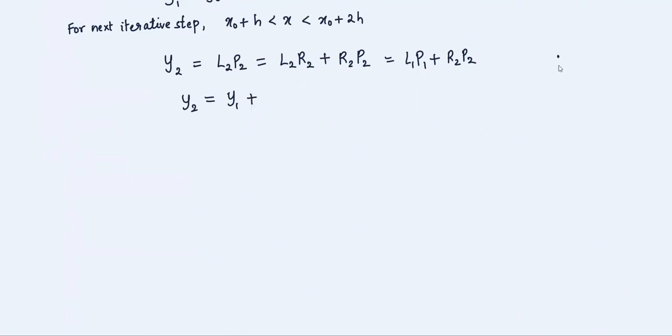Next, again the same. This is P2. Now we assume that the tangent angle is theta, and this is h. So R2 P2 is h times tan theta, which is h times the tangent at P1, right?